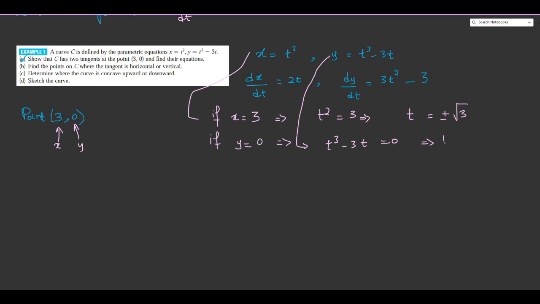If we take t outside as a common factor, inside we get t square minus 3 equals 0, so t equals 0 or t square minus 3 equals 0, and this again gives the same values of t, plus minus square root of 3. Now, for example, at t equals 0, if I put t equals 0 in dx by dt, it becomes 0.